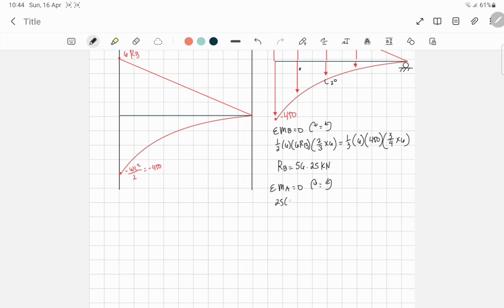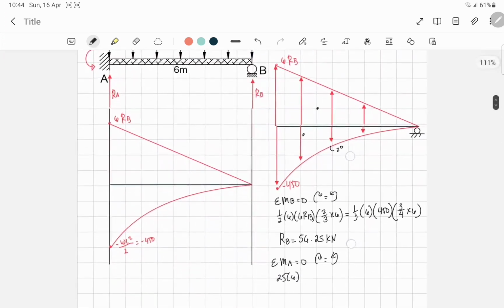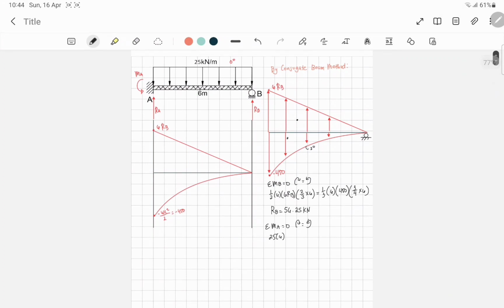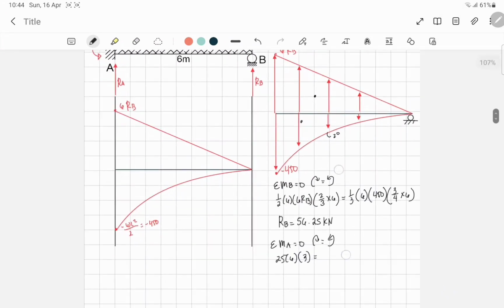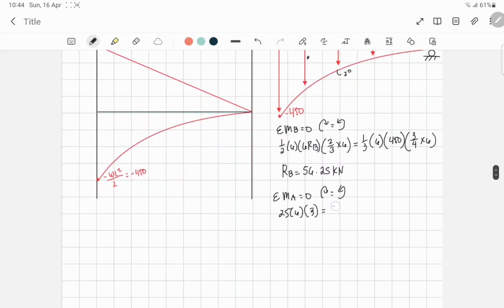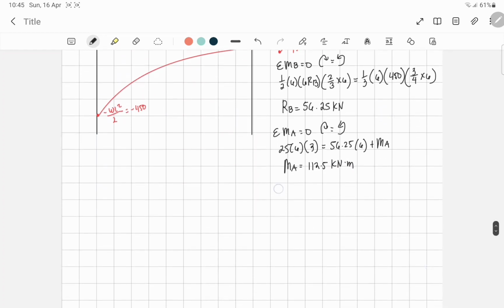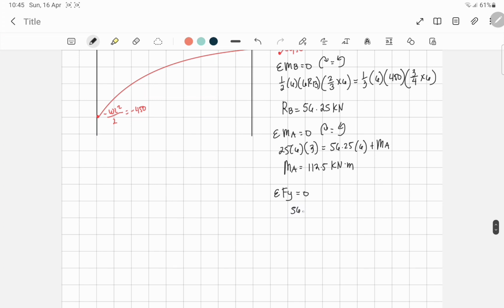Therefore, 25 times 6, times its moment arm of 3, is equal to RB, 56.25, times 6, plus the moment at A. Therefore, our moment at A should be equal to 112.5 kilonewton meters. Please check if what I wrote is correct. For the remaining upward force RA, we can solve it using summation of vertical forces: 56.25 for RB, plus our reaction at A, minus the downward force of the uniform load.